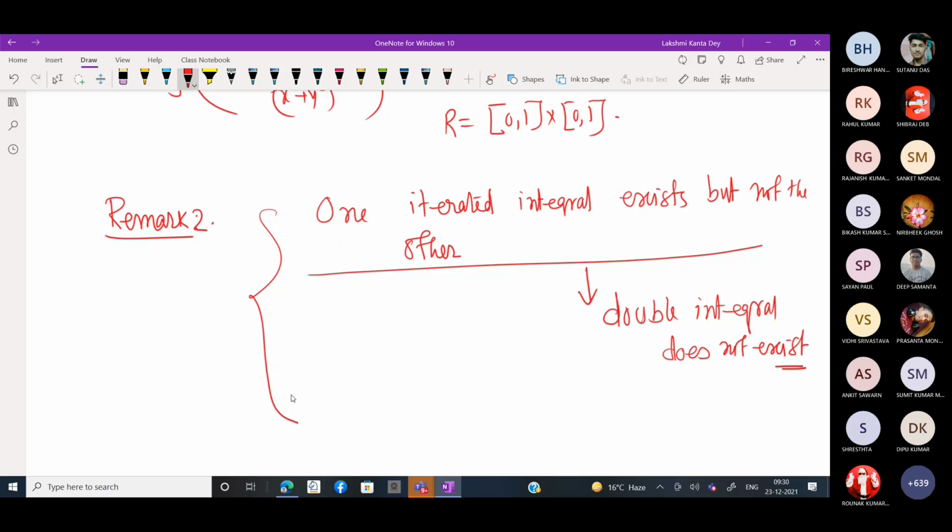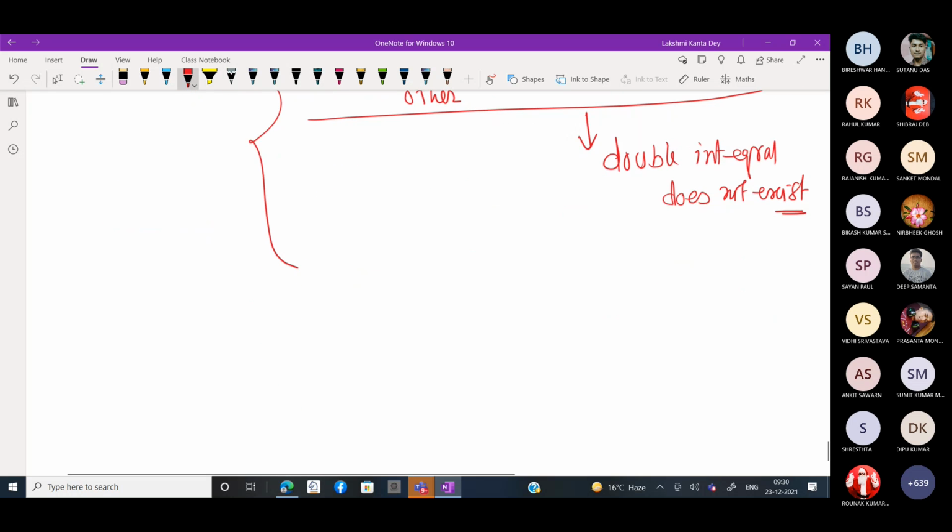So let us construct, if I am a little bit careful, a supportive example.